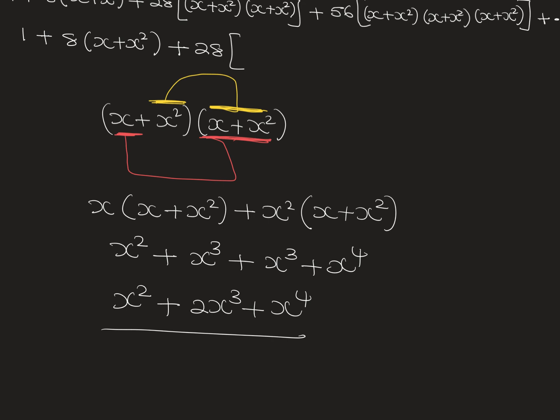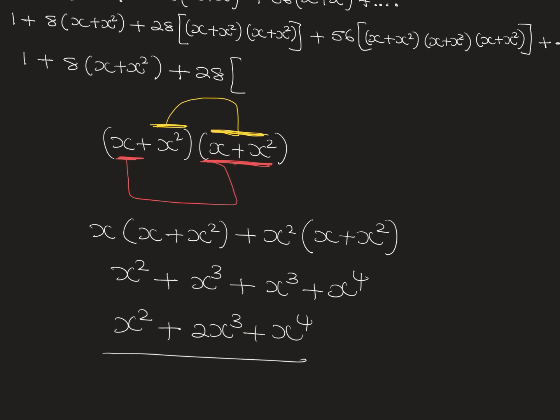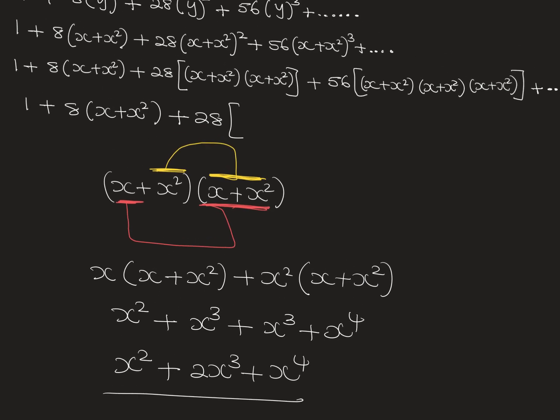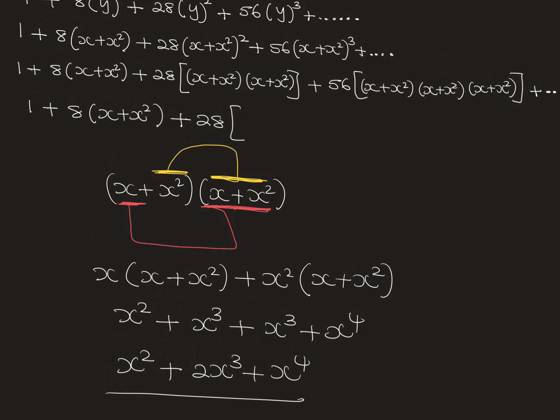That is when you expand x plus x squared to the power 2. So with that, in the place of this expression, I can replace it with x squared plus 2x to the power 3 plus x to the power 4. Let's write that down. x squared plus 2x to the power 3 plus x to the power 4.